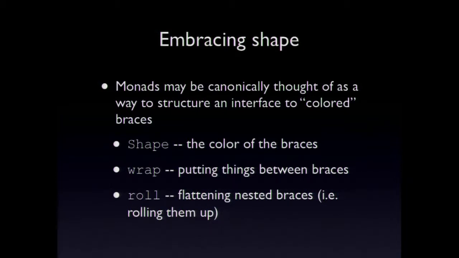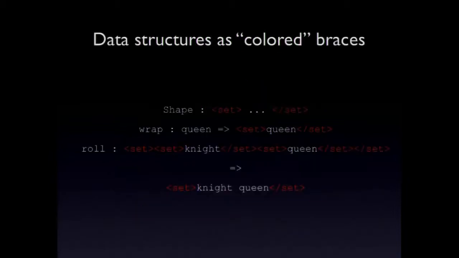Shape is the color of the braces, wrap is putting things in between braces, and roll is flattening nested braces. We encapsulated that with an XML representation of set. This is just syntax for how we might write down set. Shape is putting things between the color of the braces, wrap is putting things between braces, and roll is flattening out these nested braces, just like that.